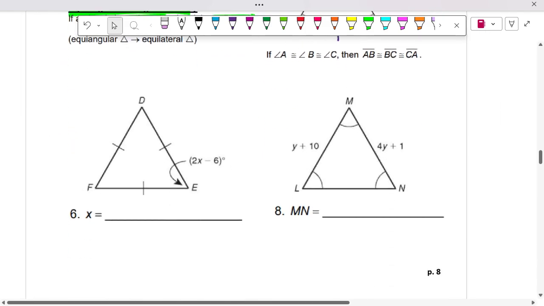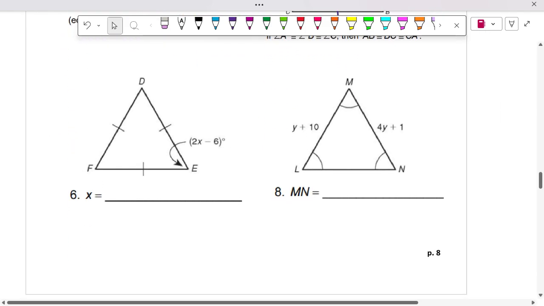All right. So we're going to do one of these. I know that y'all can solve a problem, but I just want to at least get the setup. So for the first one, number 6, is this an equilateral triangle? They're asking us to solve for x. What am I setting that expression equal to? 60.